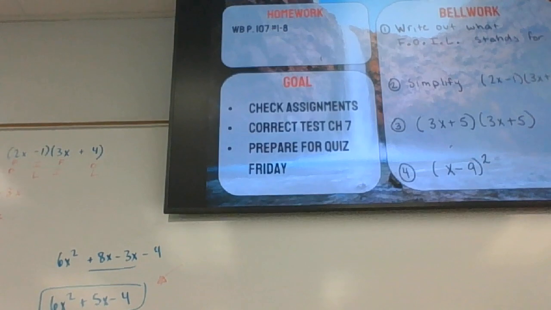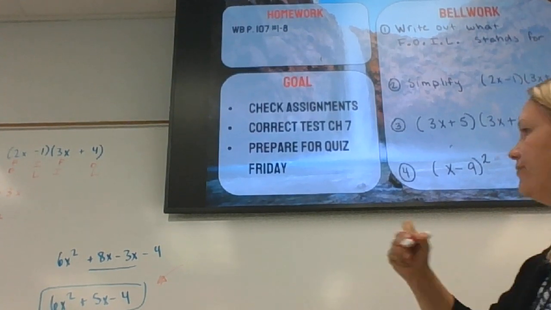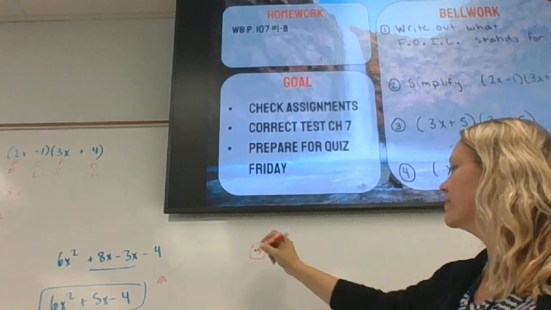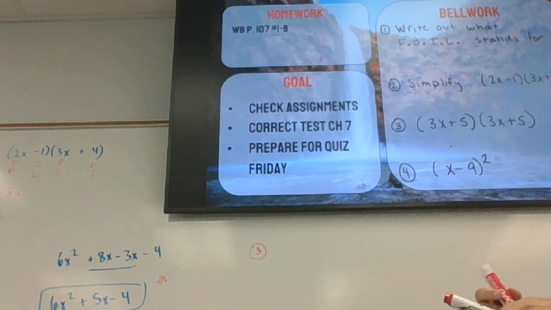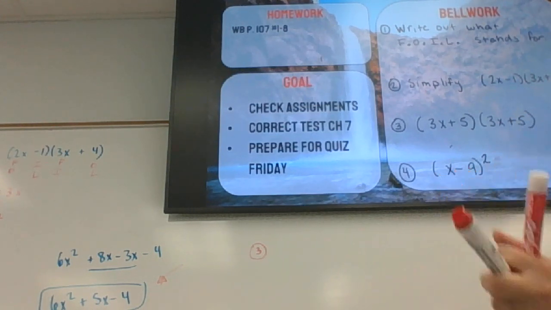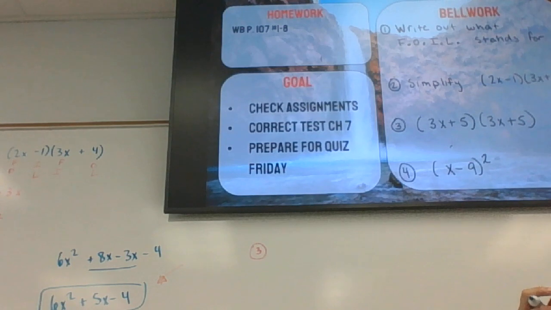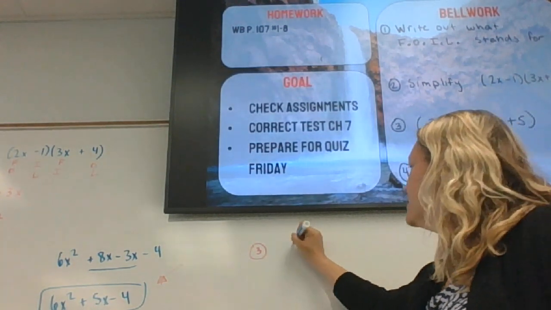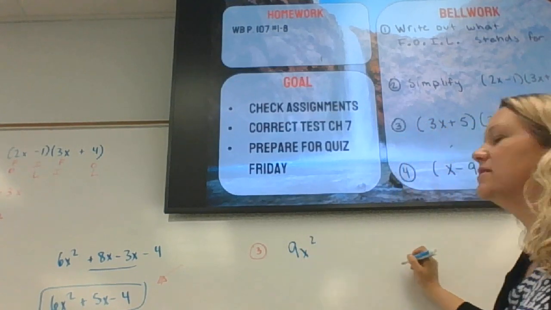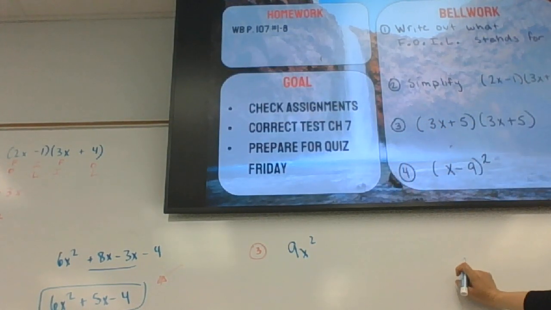All right, number 3. Okay, what's the first ones, Aiden? So that's 9x squared. What's the outer terms, Tyler?